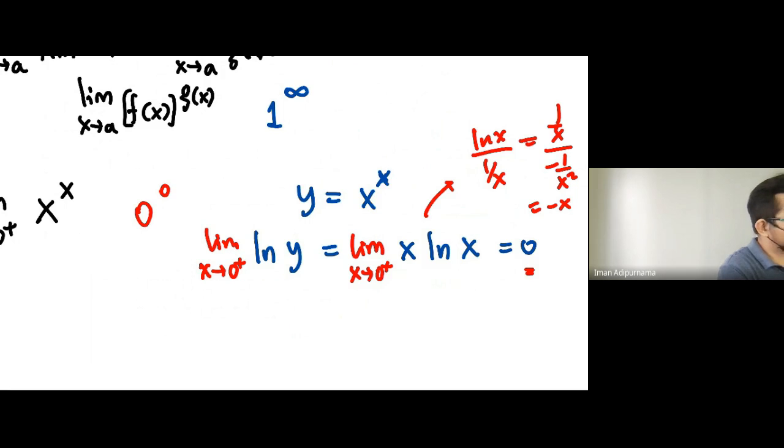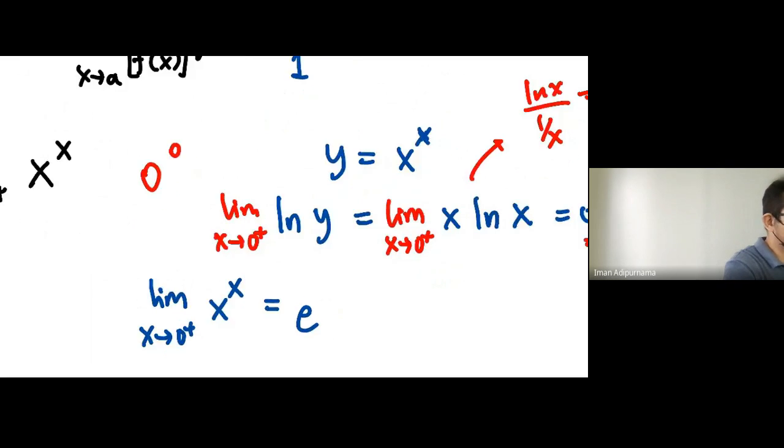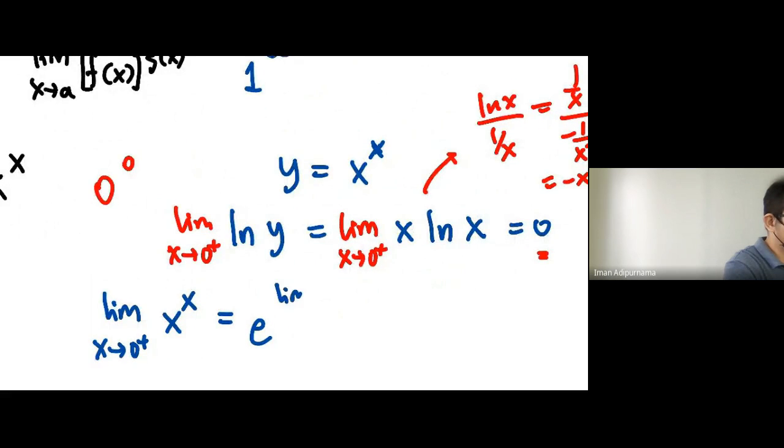It's ln. So the limit of x with power of x is e with the limit of x ln x, or this will be e with power of 0, which is 1.